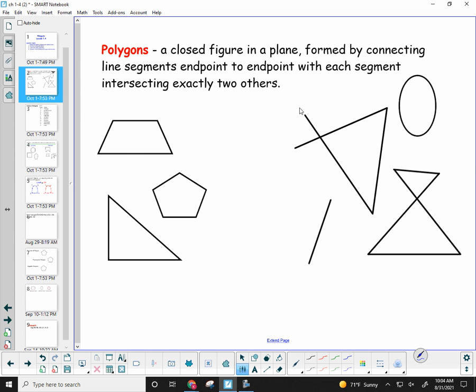And then here, we have the problem that the segments are intersecting again, but they should be intersecting at the endpoints. The triangle on top all by itself would be a polygon. The triangle on the bottom all by itself would be a polygon. But if you look at the entire figure, all of it together would not be considered a polygon. Is that okay? All right.